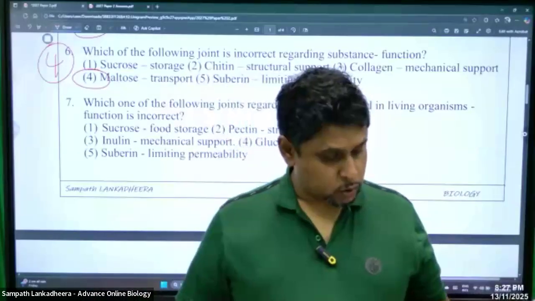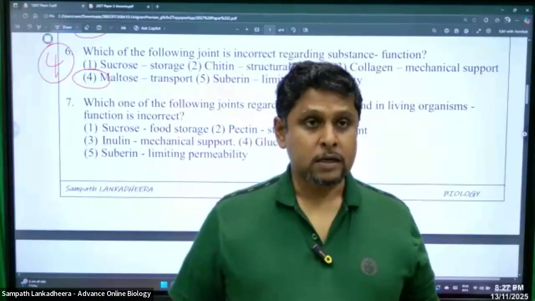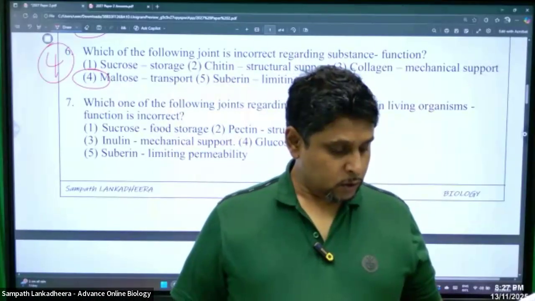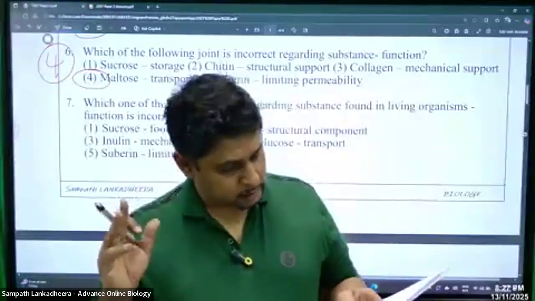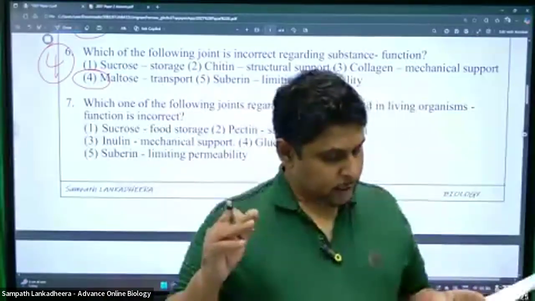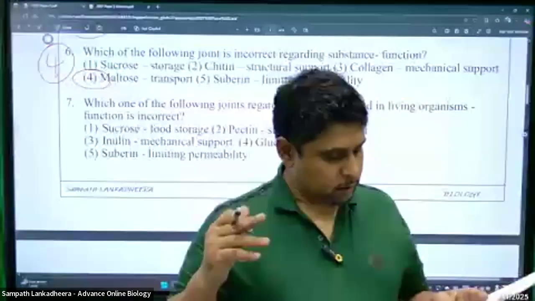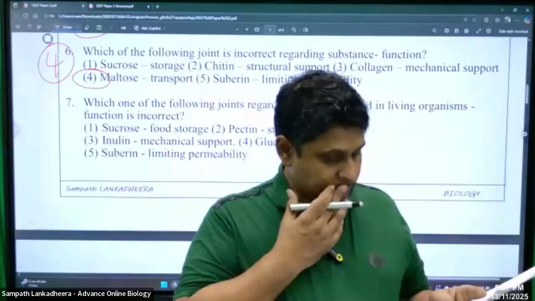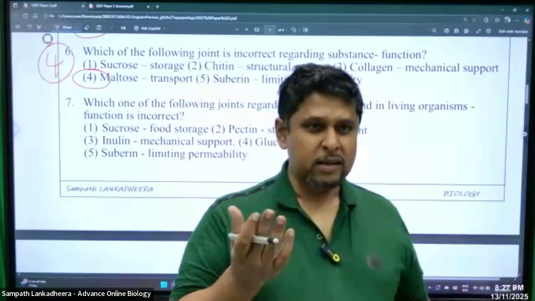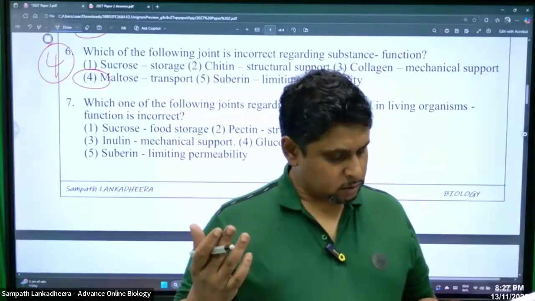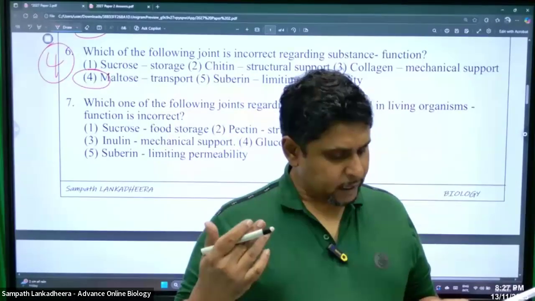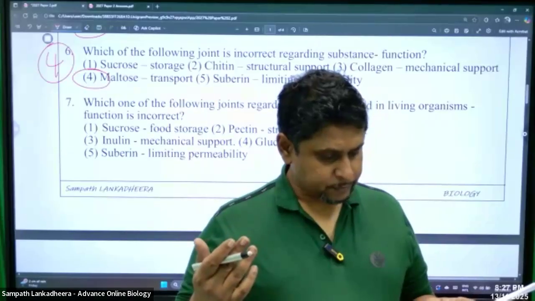Sucrose, storage, correct. Pectin, structural component, correct. Inulin, mechanical support, wrong. Inulin is for storage. Glucose, transport, wrong? Suberin, limiting permeability, correct.